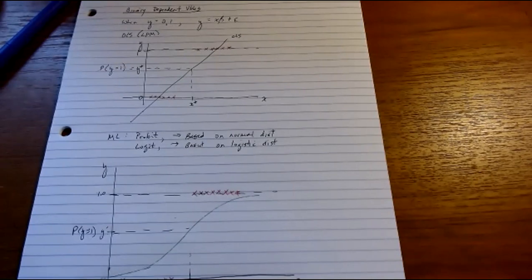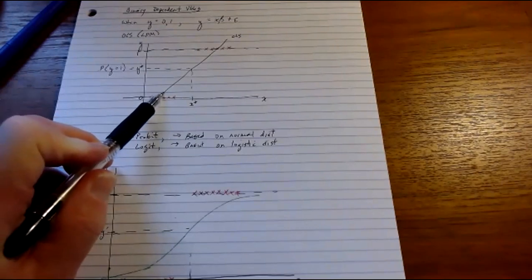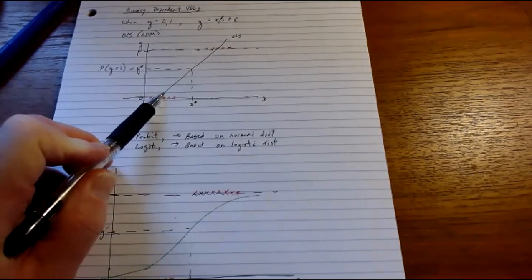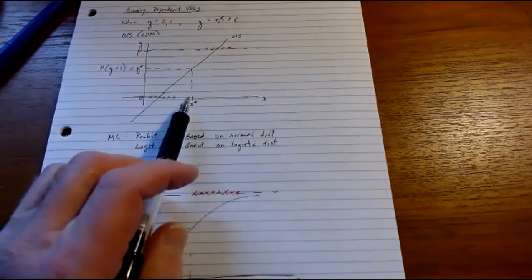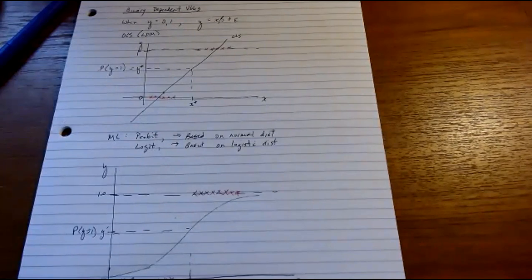It's also the case that the marginal effect of x differs depending on where it's measured. We talked about this the other day: the slope of this line is always the same. So if we're asking what's the effect of a 1 unit change in x, it really doesn't matter where we're doing it. The effect is always the same. But here, the effect of a 1 unit change in x matters a lot.